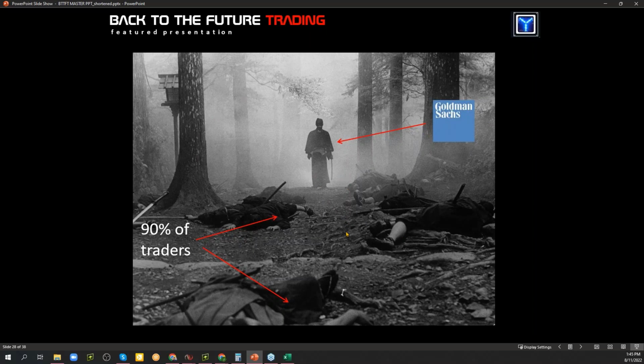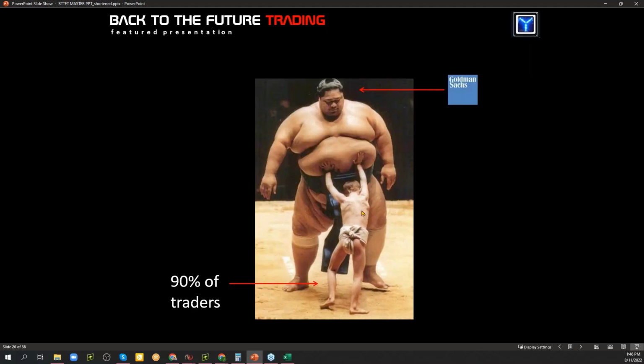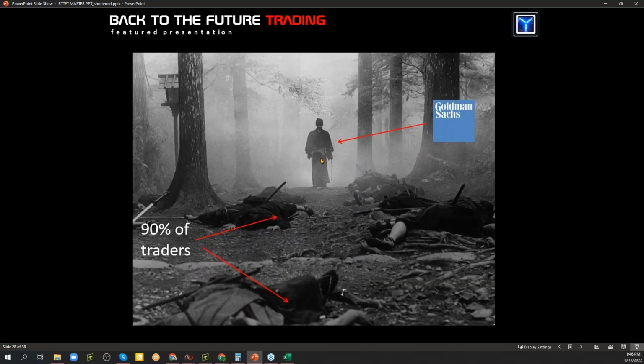So this is what I visualize. It's a little more gnarly than Michael's image, still Japanese, which is kind of funny, sumo. But I'll leave this up for a second, because these samurai are the retail traders who have blown up their accounts or lost trades on stop runs, thinking they knew which way the market would go, that they knew better, but they never seem to.